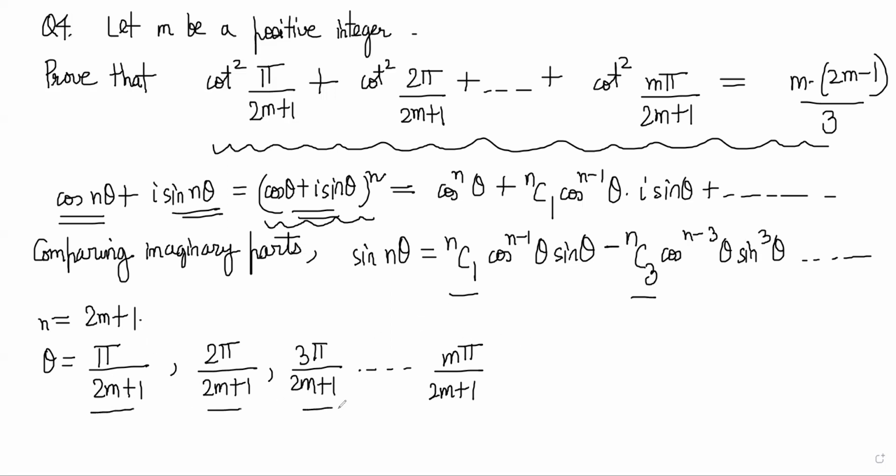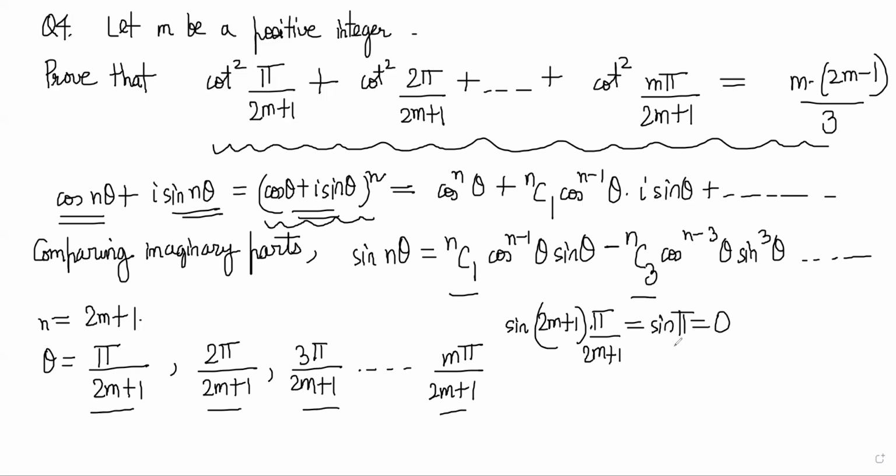If you write all of these terms one by one, you get basically sine of n times pi by 2m plus 1, correct? So it is 2m plus 1 into theta, and we write pi by 2m plus 1. So this time it is becoming sine pi, which is 0.